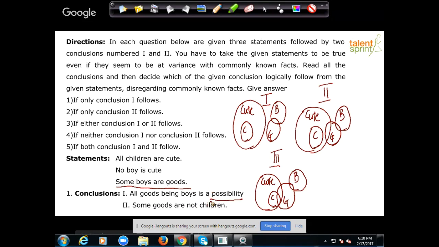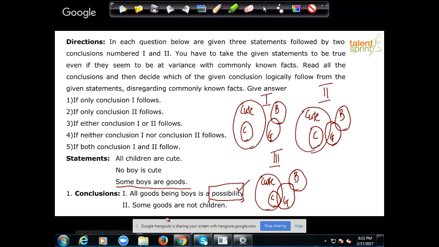By adding the term possibility, they clearly tell us that it may be possible that all goods are boys, where goods and boys become an overlapping cell. Now, interestingly, that is not a situation that we have chalked out here, but looking at these diagrams, knowing that there is nothing that we know, it is a possibility that may arise. Therefore, yes, this conclusion does follow.